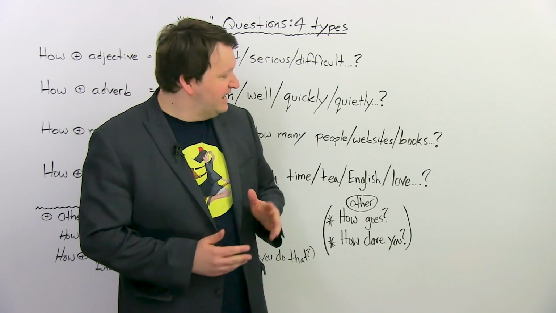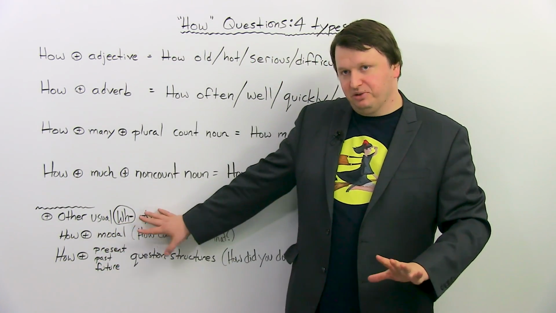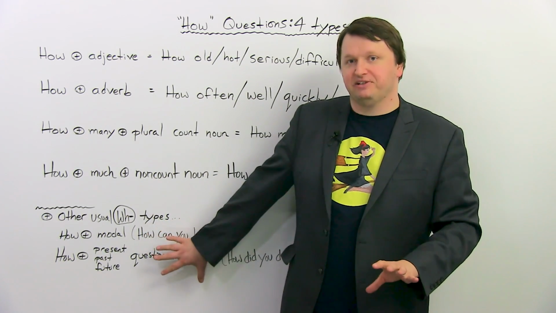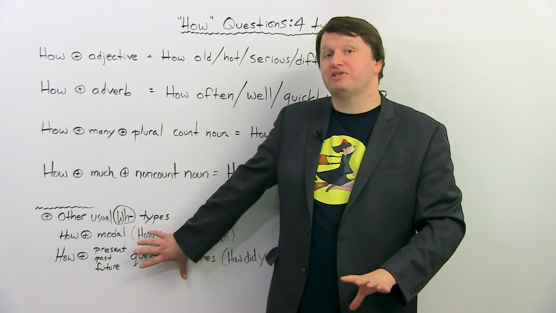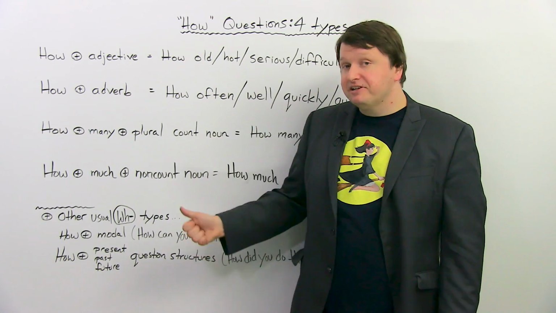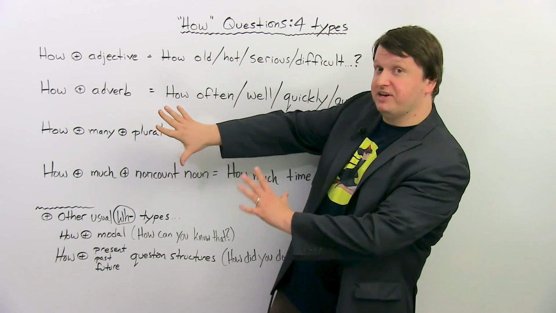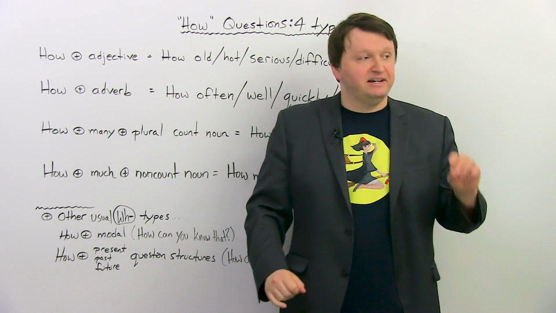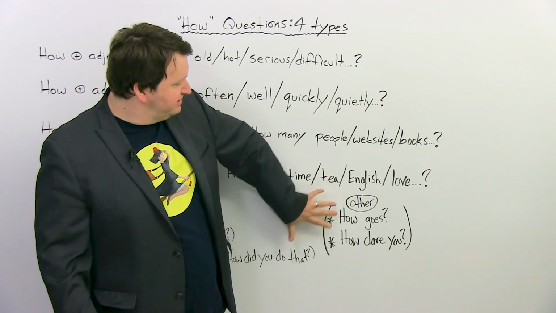Okay, good. So like I mentioned, I'm not going to review every single how form for every single tense and every single modal verb because those question types exist for every question form. These are specifically question types that are specific to how, okay? And let me give you just two more that are slight exceptions.